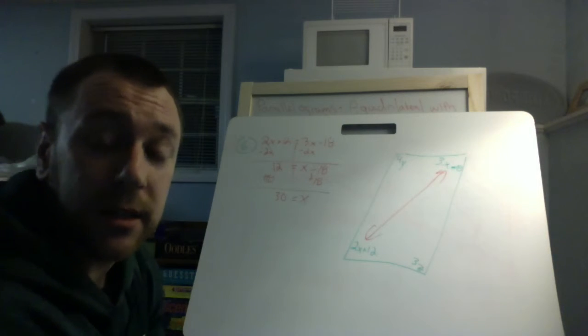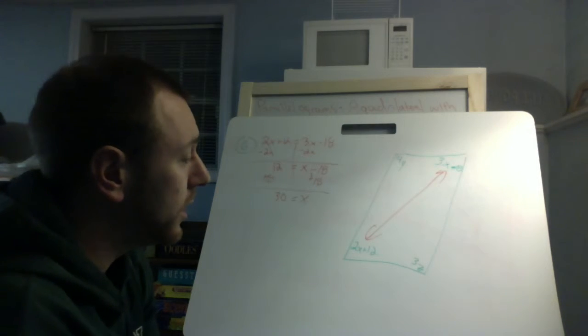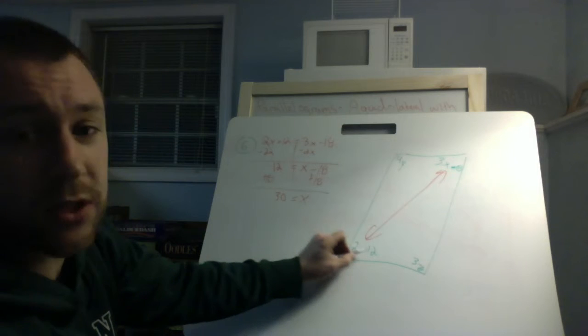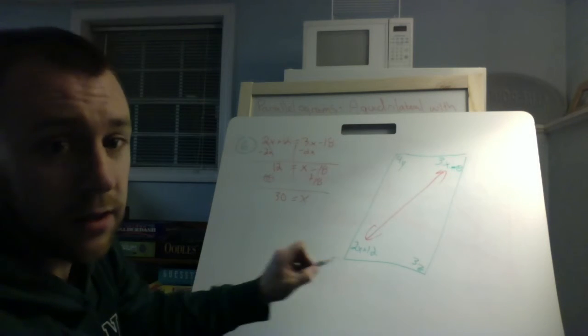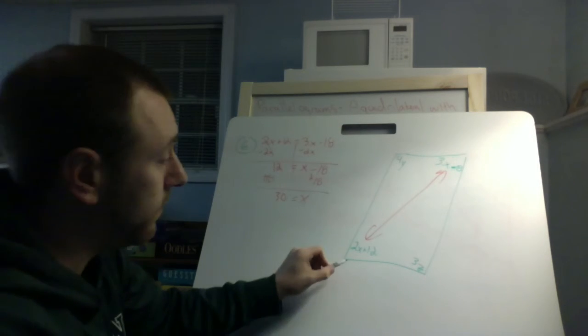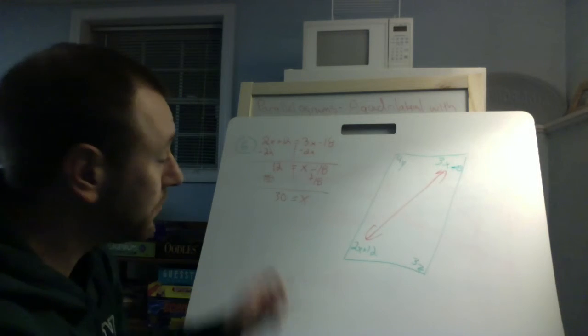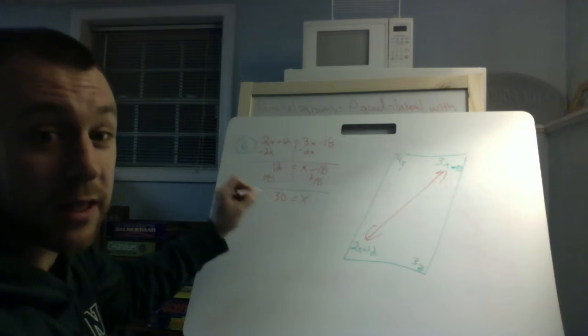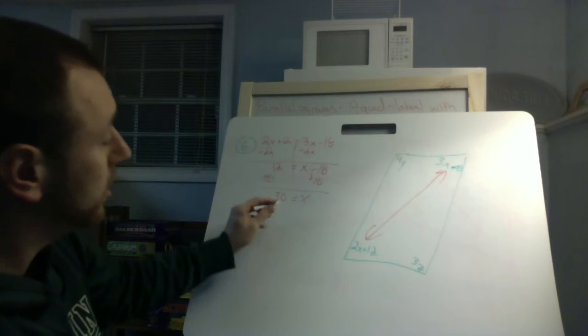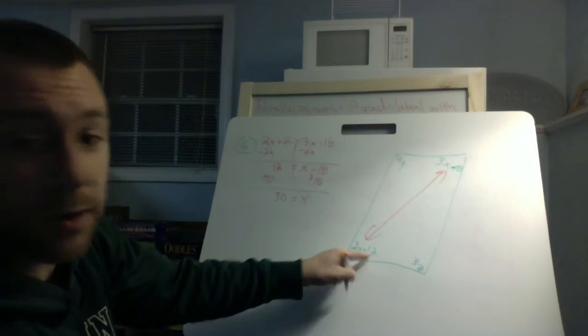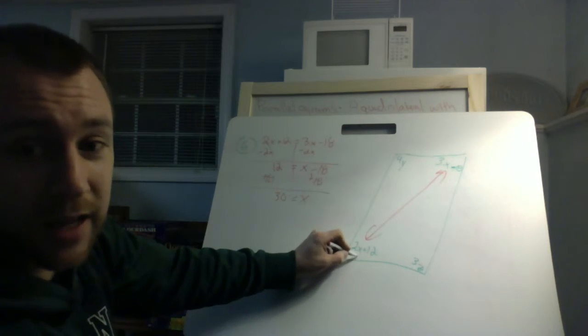Now I've solved for x pretty easily. The trick is solving for the y and the z. The trick is x isn't actually the degree here. X is just the variable that I'm going to plug in. So now I'm going to take this 2x plus 12, and instead of x, I'm going to put 30.